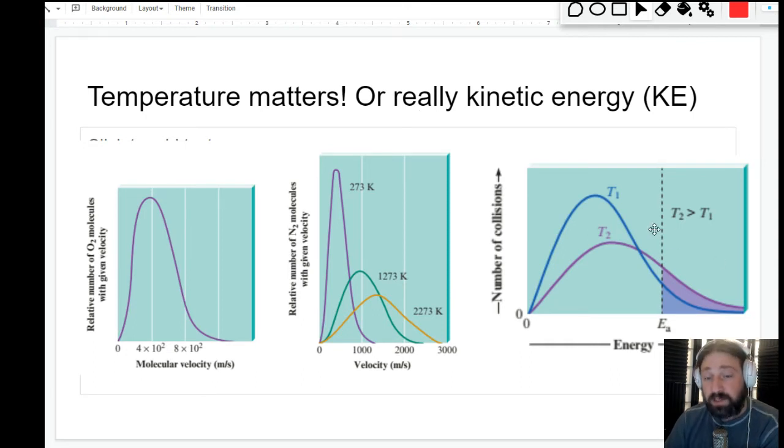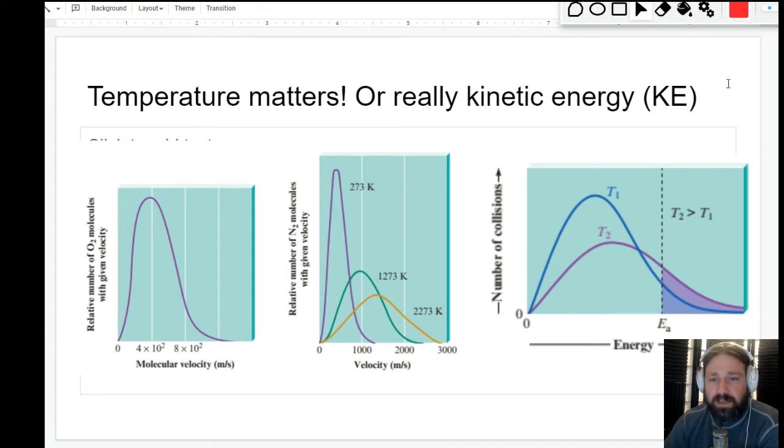So if we increase temperature, we're not messing around with the activation energy. What we're doing is we're making sure that the particles have enough energy to get over the hill. So increasing temperature does not change the activation energy. It just increases the energy of the particles. We're not lowering the activation energy at all.